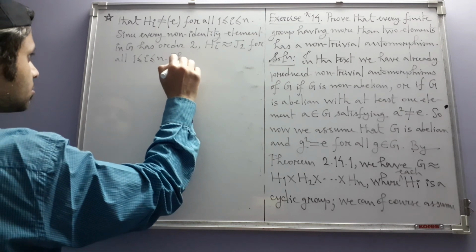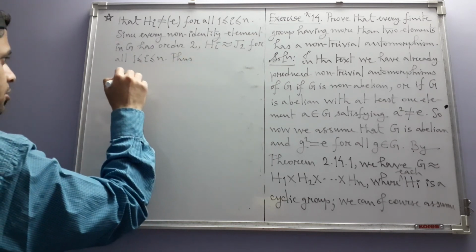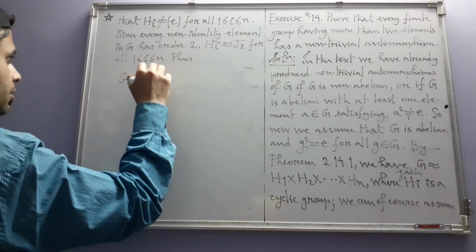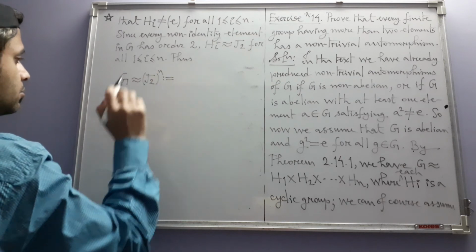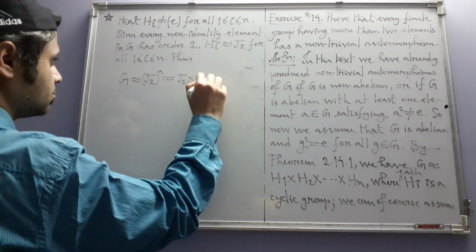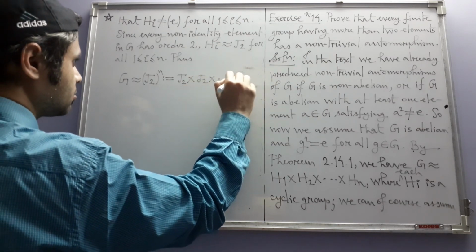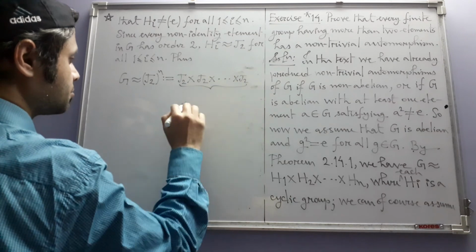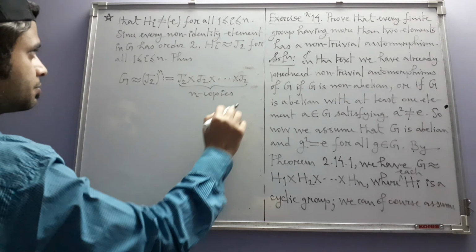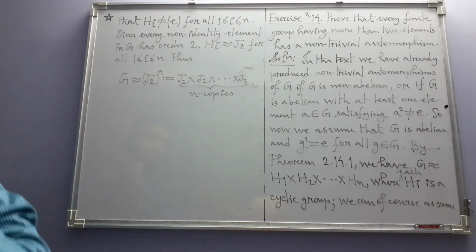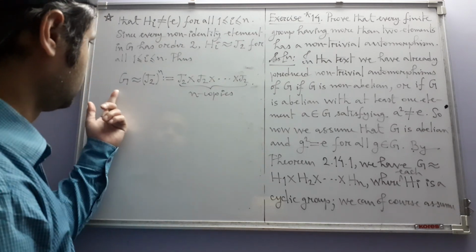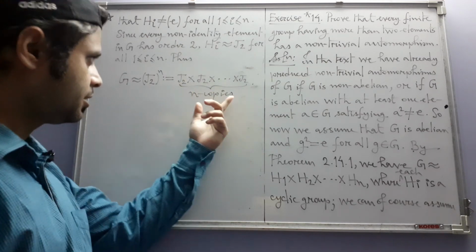Thus, G is isomorphic to J2^n, which is the direct product of n copies of J2. Now that we have a concrete group with us, we now know that G is essentially this.